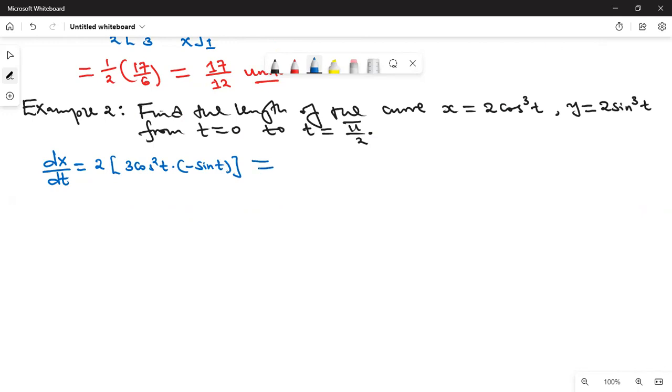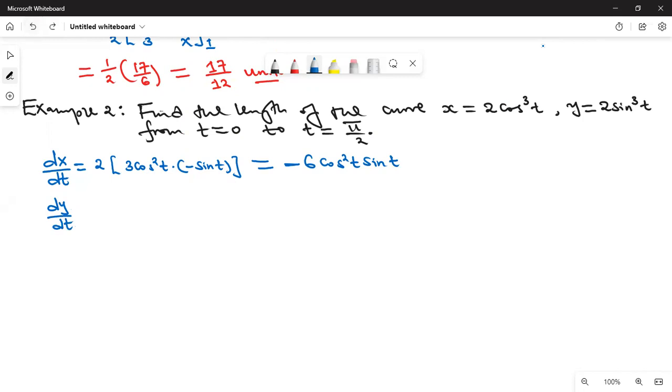And so this is the same as writing negative 6 cosine squared t times sine t. What about dy dt?